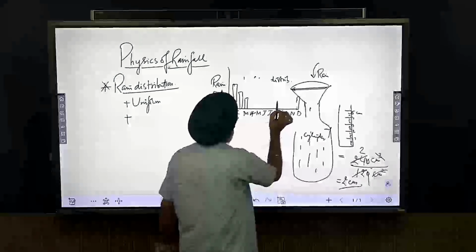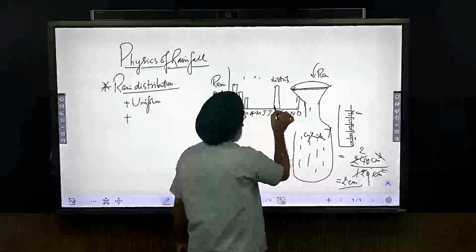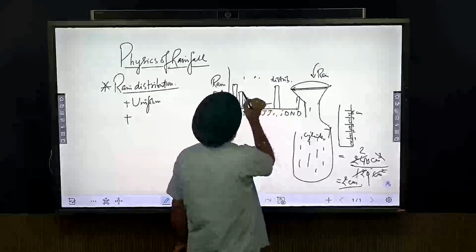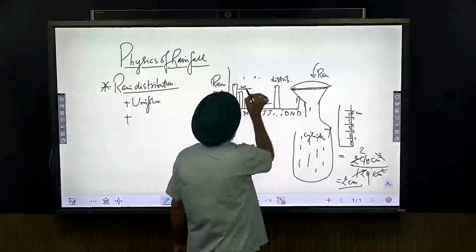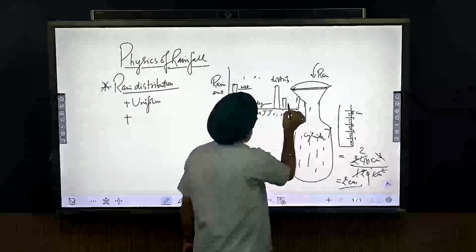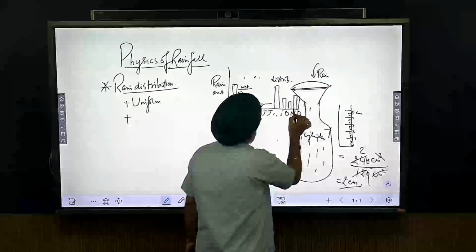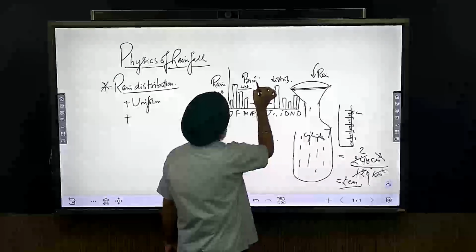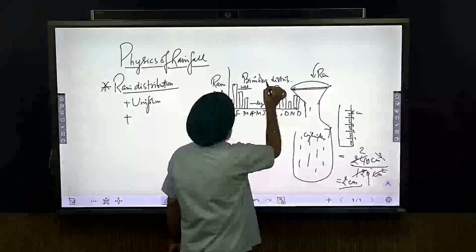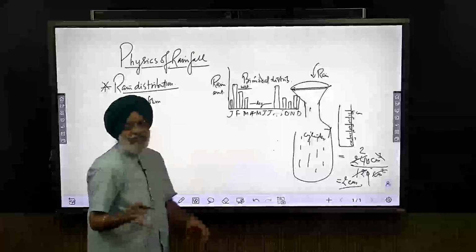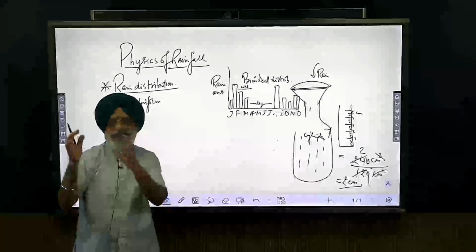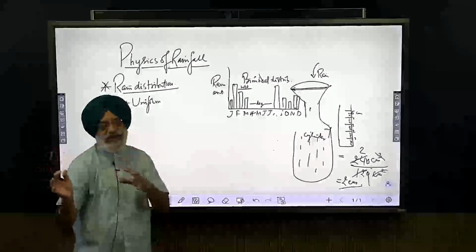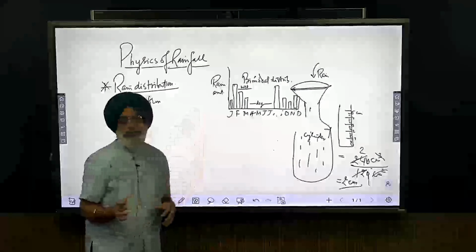So this is one wet period. Then you have a dry spell. This is the dry period. And then you can have another wet period. So we call this bimodal distribution. That means during a particular year the rainfall is concentrated in two particular periods.